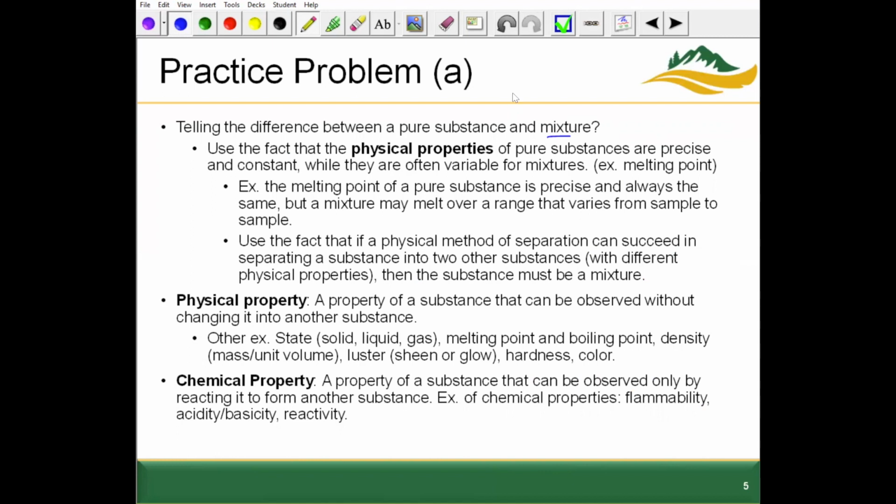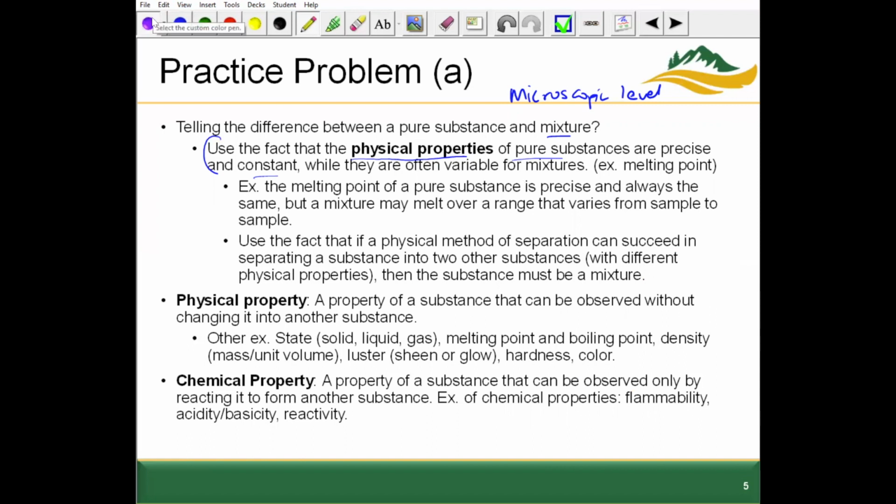So if we're going to look at the microscopic level, there are some factors we can keep in mind when trying to answer questions like this. The very important factor to keep in mind here is that we can use the fact that physical properties of pure substances are precise and constant, while they're often variable for mixtures.